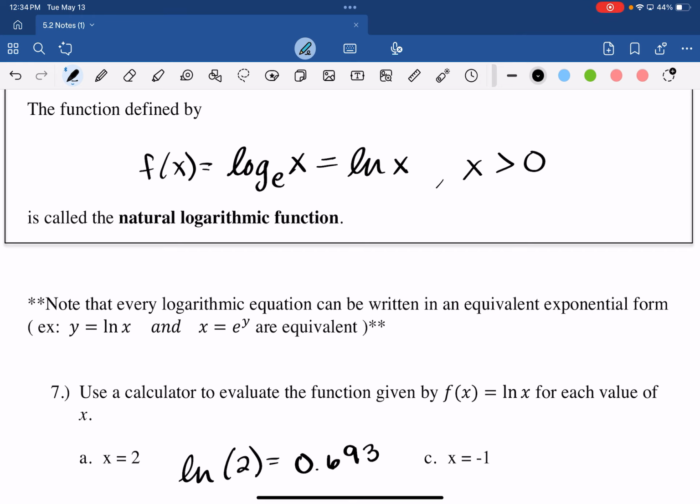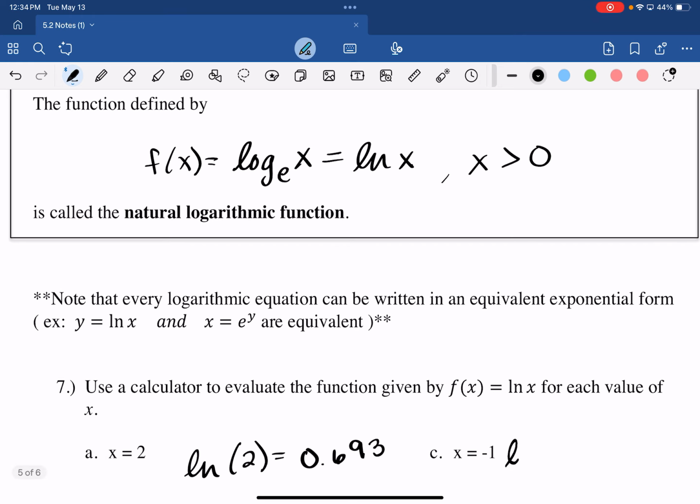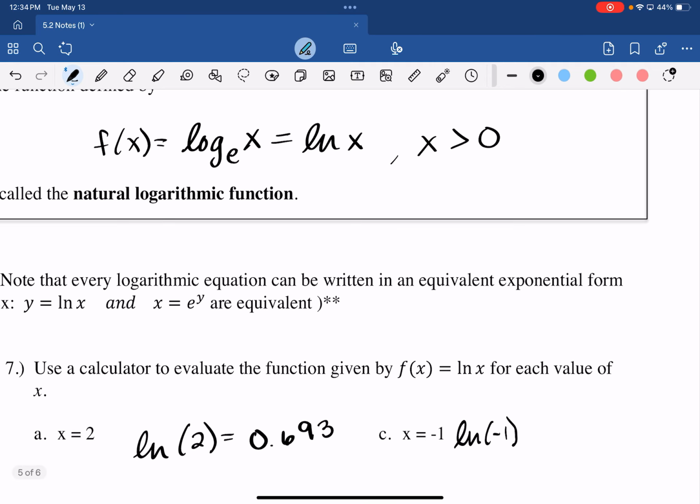All right, so that's our first one. The second one, ln of a negative, what's going to happen here? This is no real solution, because remember, my x value here is a negative, but up here I said x has to be greater than 0. Your calculator is going to give you an error if you type in a negative number.